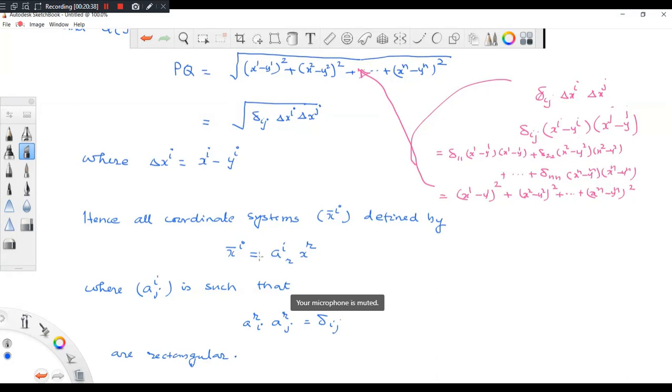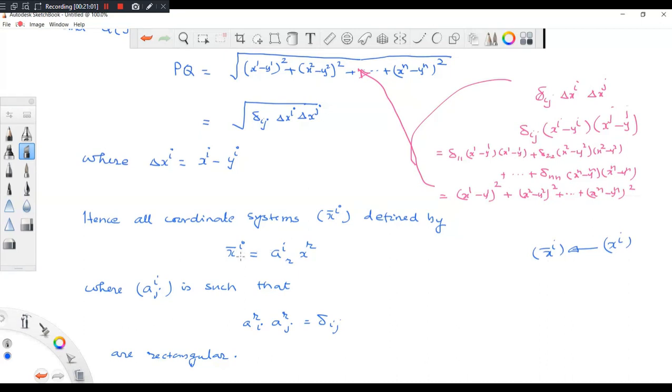Okay, so this is a transformation. I am initially in this coordinate system, which coordinate system? The xi coordinate system. Now I am going to the x bar i coordinate system. So this is one rectangular coordinate system, and this is another rectangular coordinate system.